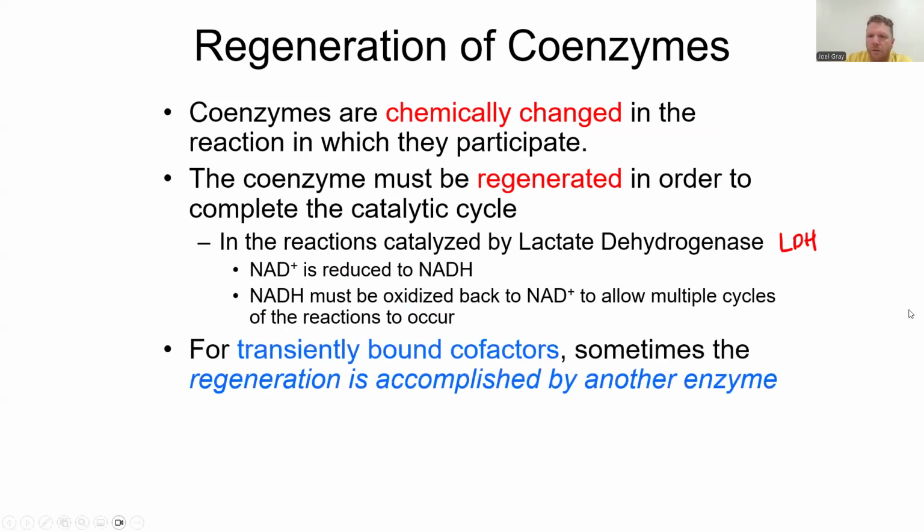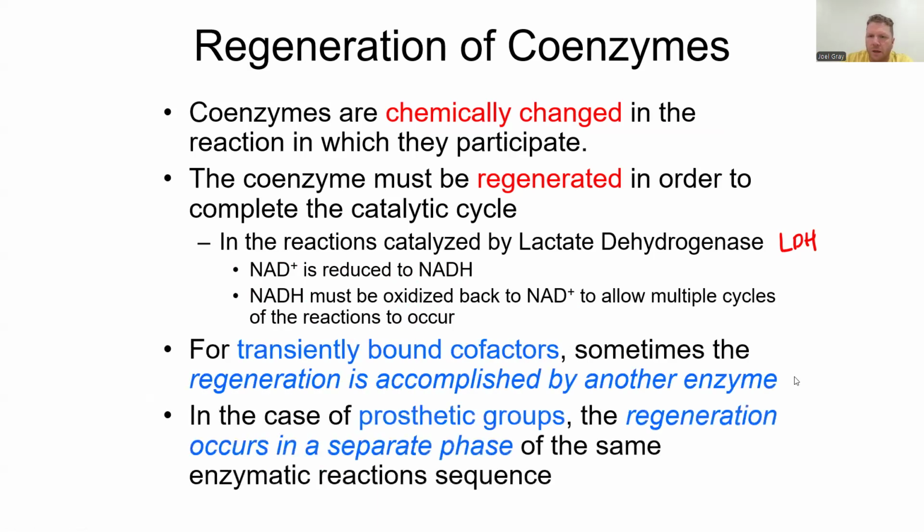Now, for transiently bound cofactors, sometimes the regeneration is accomplished by another enzyme. This is kind of an interesting idea. It's almost like you have E1 and E2. These are two enzymes, and maybe what E1 is going to do is take NAD plus and make NADH.